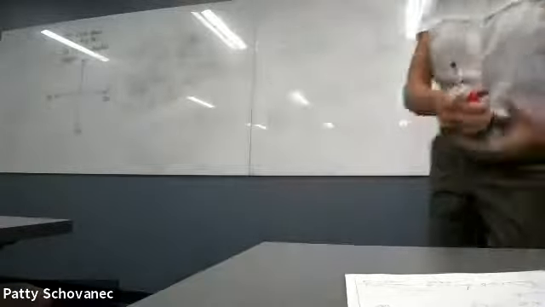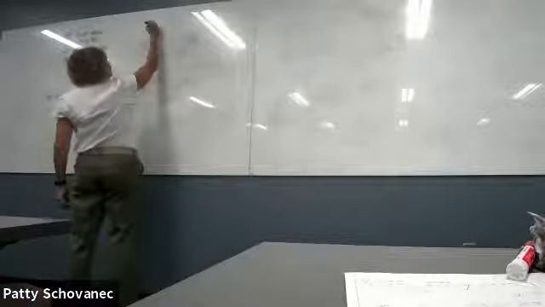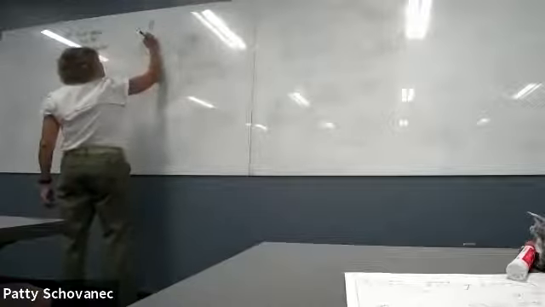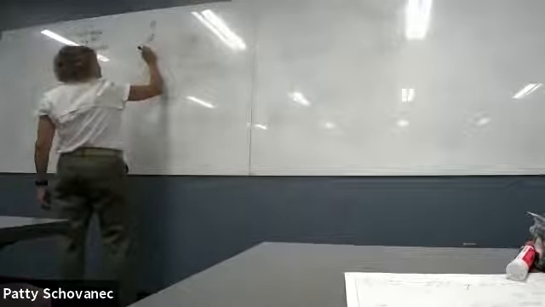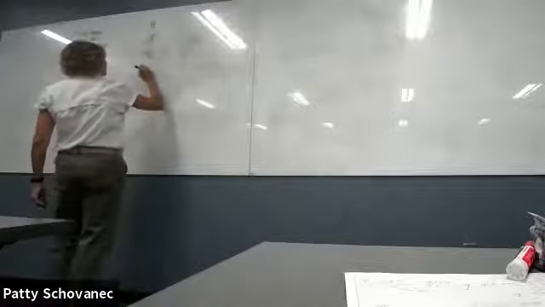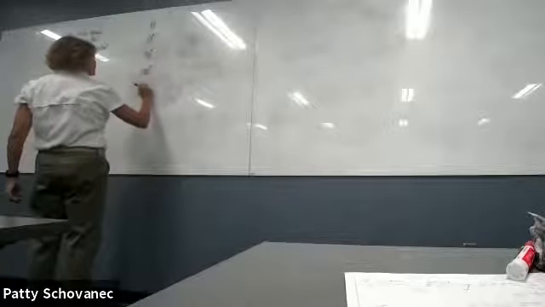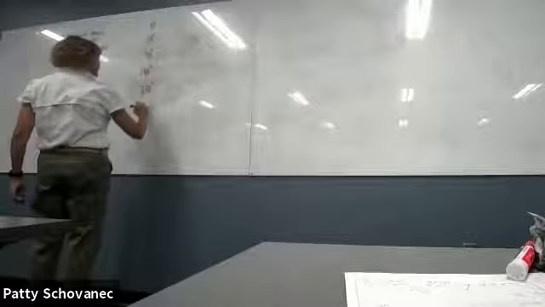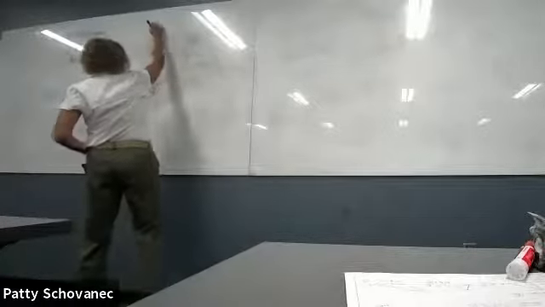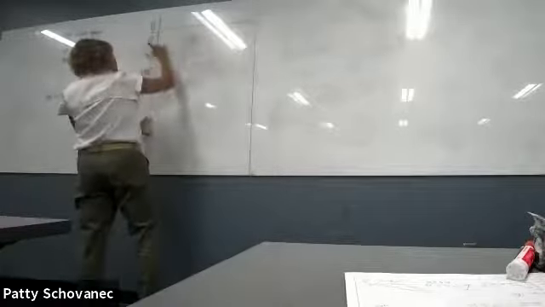Okay, so I want 4 columns, actually 5 columns. I need a heading. I've got my angle. Then I've got 0 degrees. These are rows, not columns, right? 90 degrees, 180 degrees, 270 degrees. And I don't need the 360 because it's the same as the 0. Now we want 5 columns. 6 columns.